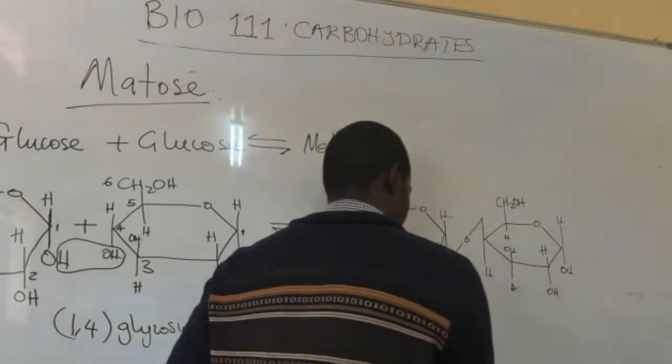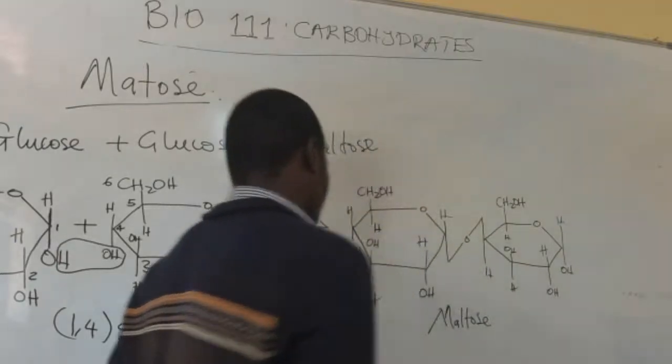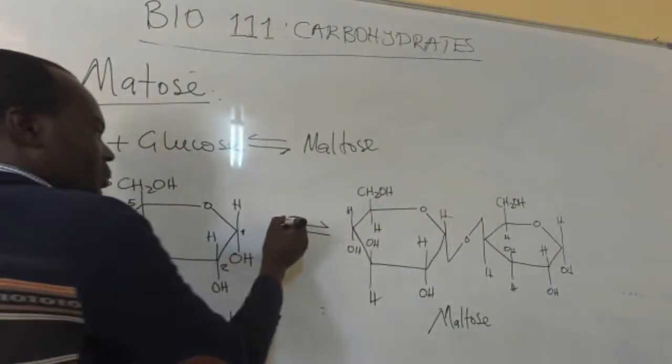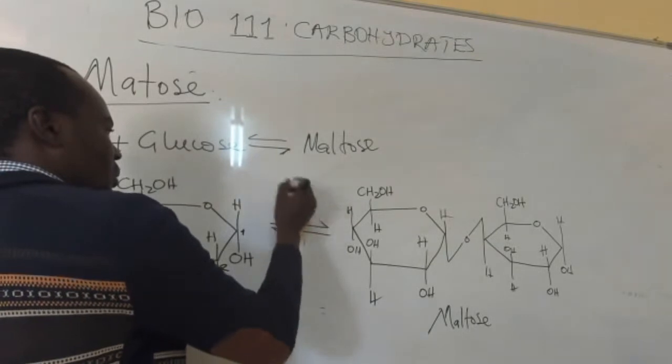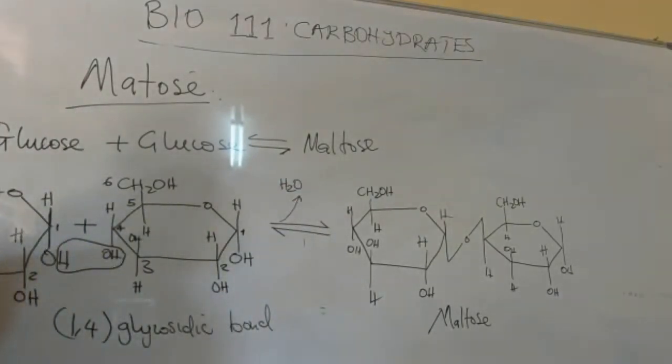So this is your maltose, and this is your condensation reaction. So water is actually expelled out of the system. So that's how you illustrate how a condensation reaction takes place in the formation of disaccharides.